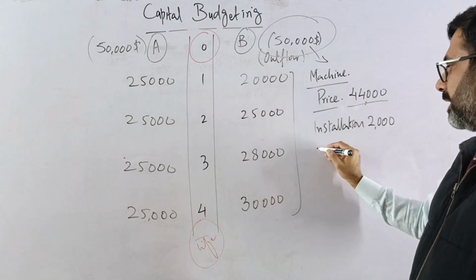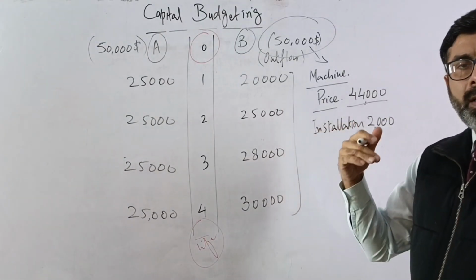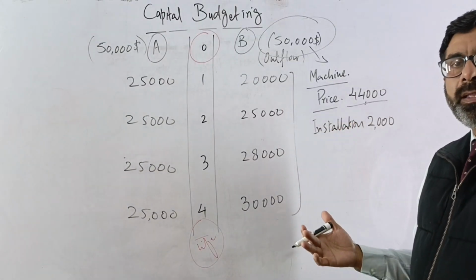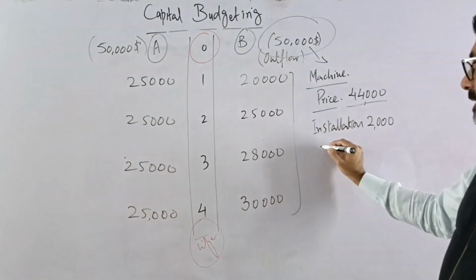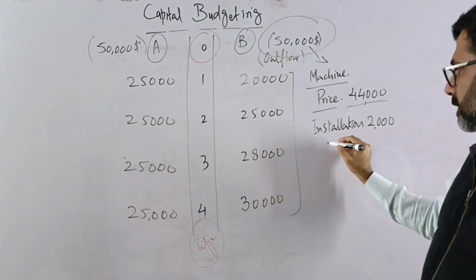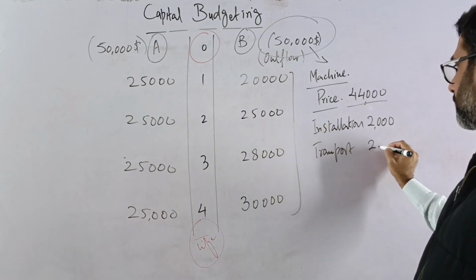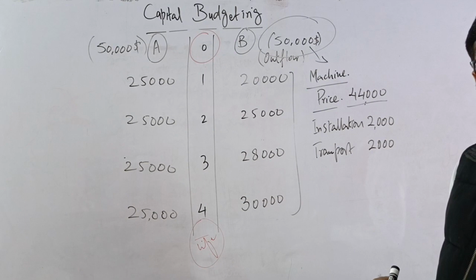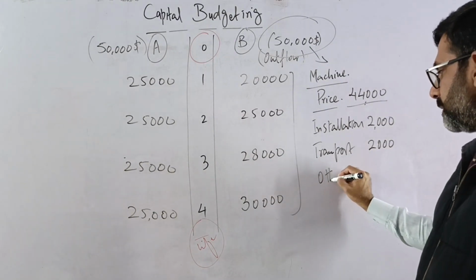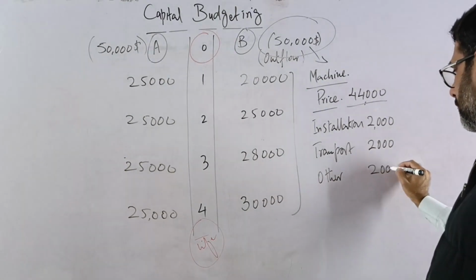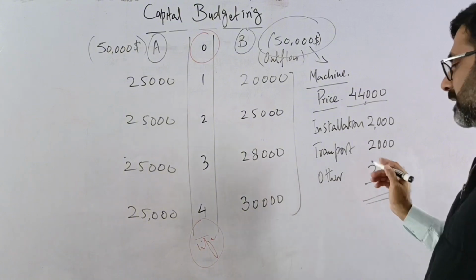Then, for example, we may be buying it from outside the country or from another city, so some freight, carriage or transport is required. Let's say 2,000 for transport. And there may be some other expenses or charges. Let's say 2,000, because all these are assumed values.